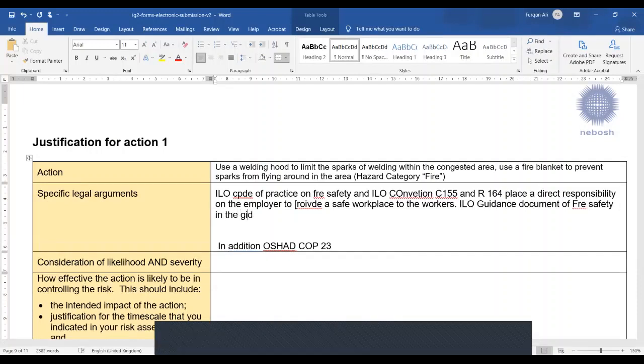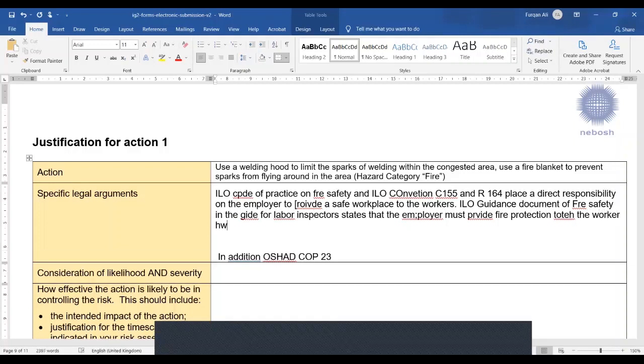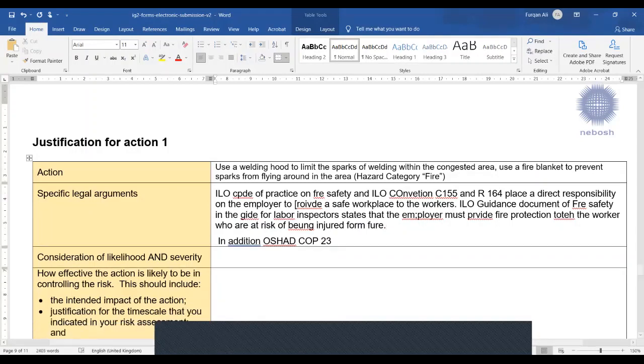The guide for labor inspectors states that the employer must provide fire protection to the workers who are at risk of being injured from fire. Okay, just mention that, and you can also mention OSHAD codes of practice, which is used in Abu Dhabi.